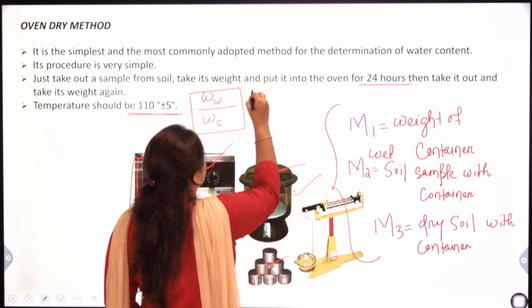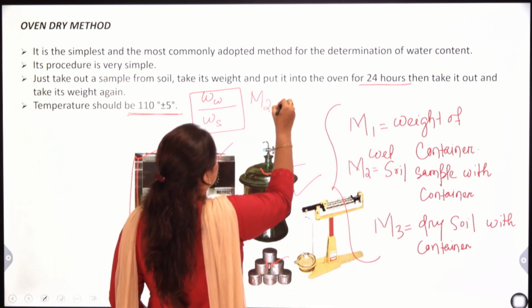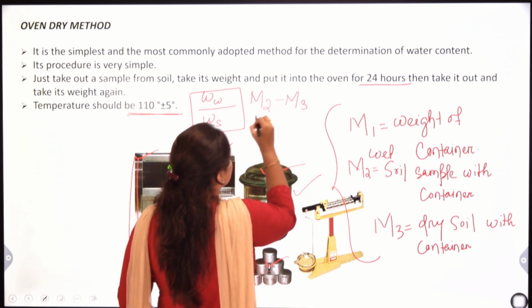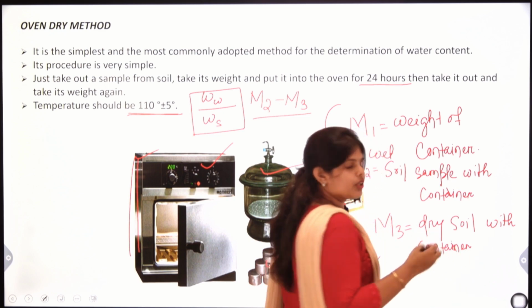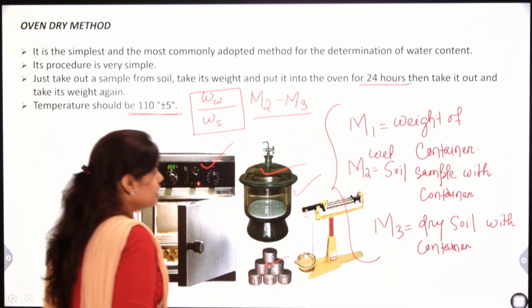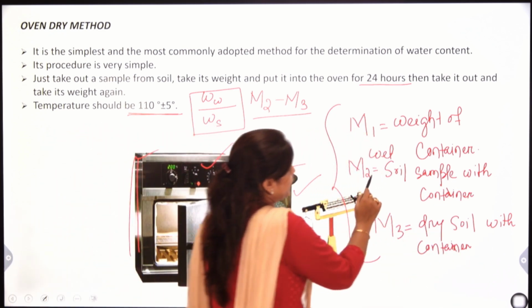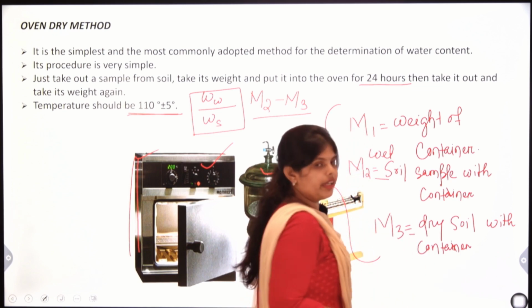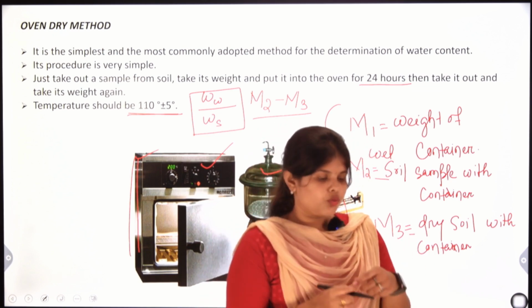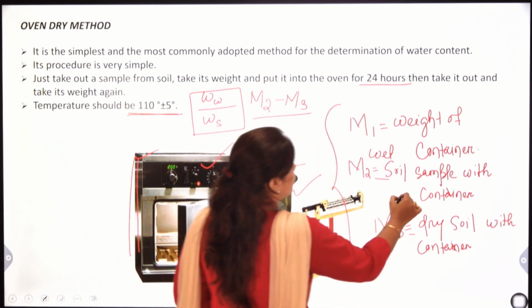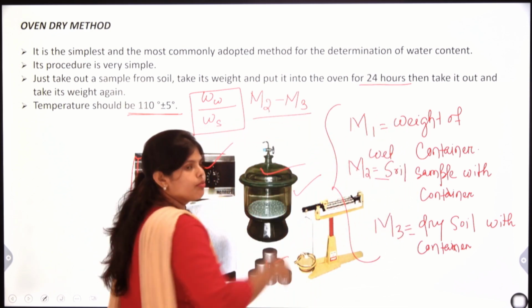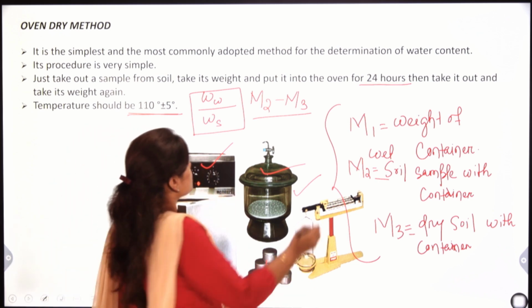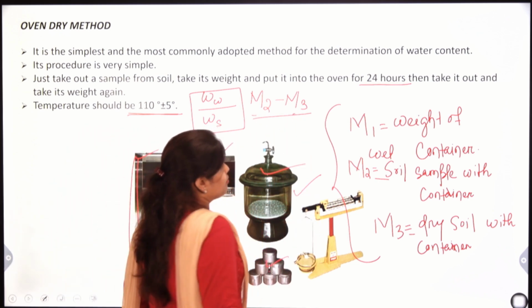So we can do M2 minus M3. Here the container weight will be cancelled out and only wet soil and dry soil will be left. So only water we will get by subtracting M3 from M2.